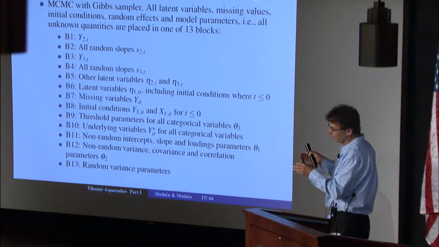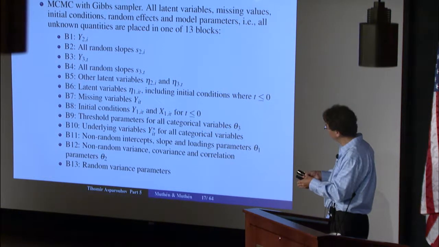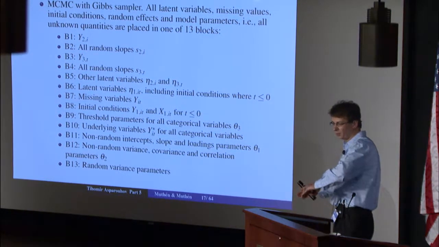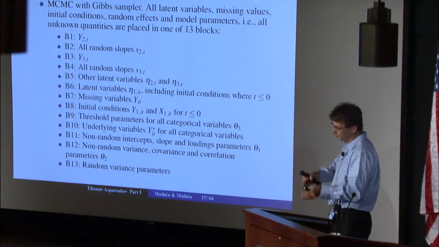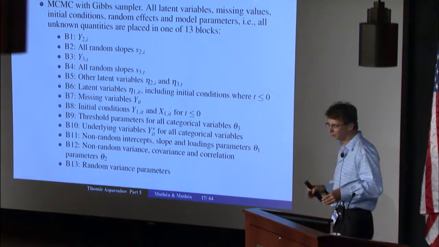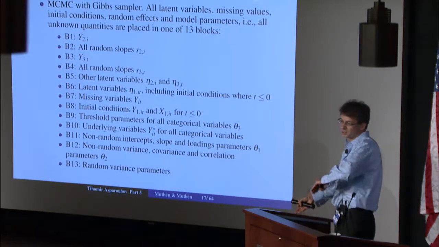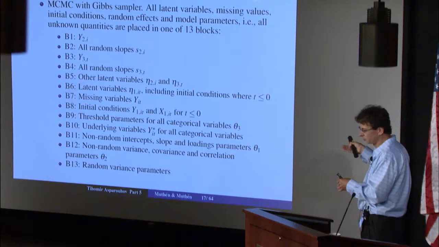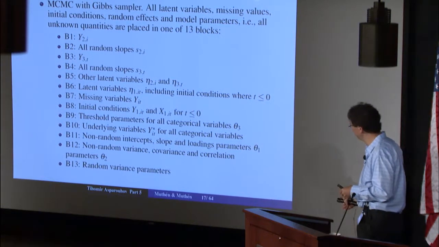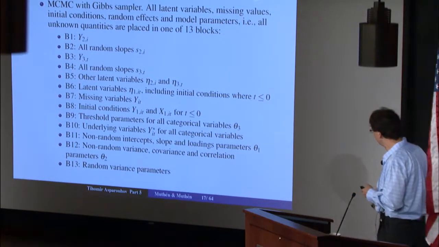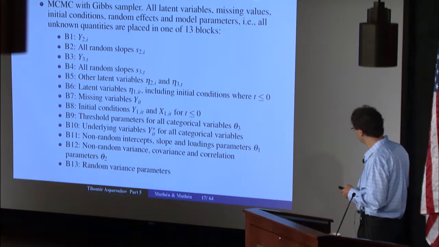Then we update the quantity at time equals 2, conditional on time equals 1 and time equals 3 and so on. Then we move to time point 3, update the quantity at time equals 3, conditional on the previous time points and the subsequent time points, of course, and we condition basically on the current quantities that are generated at these other known quantities. So this is a little summary of what goes on.